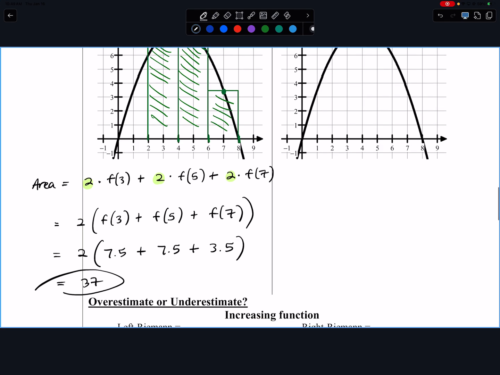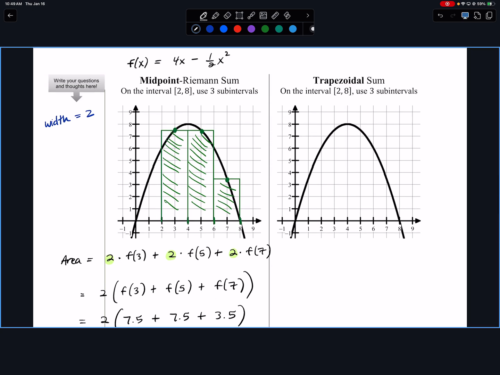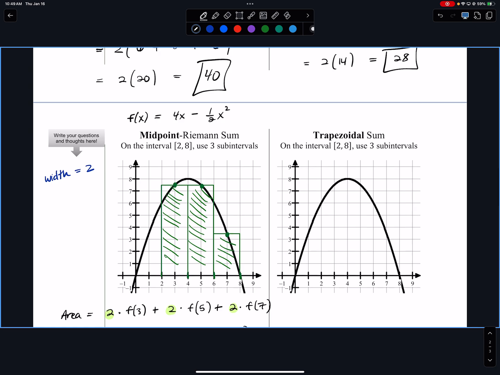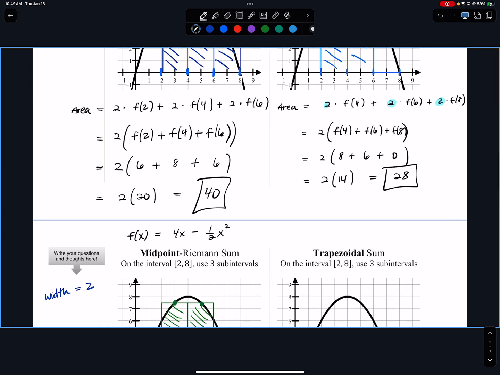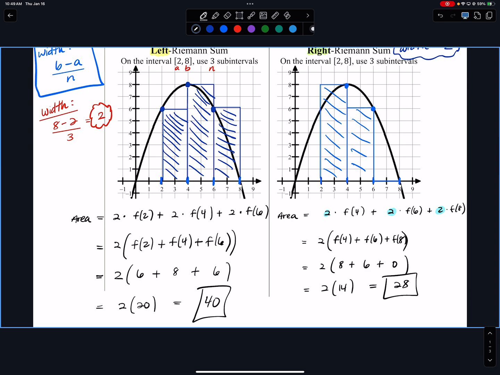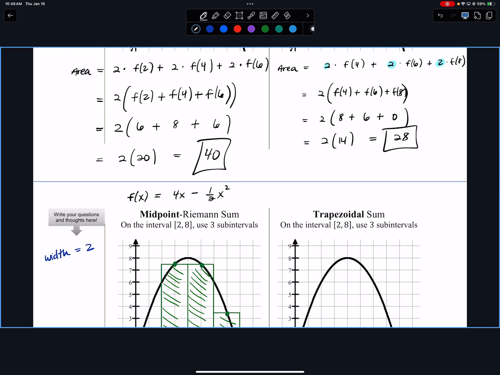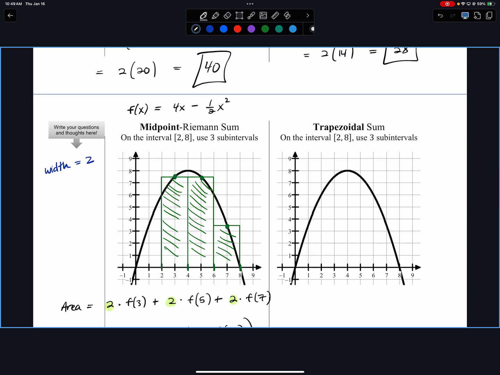Okay. So, comparing the 3 methods so far, we said that the left was what type of estimate? An overestimate. We said the right was an underestimate. Where does our answer fall between those 2 numbers? In the middle, right?